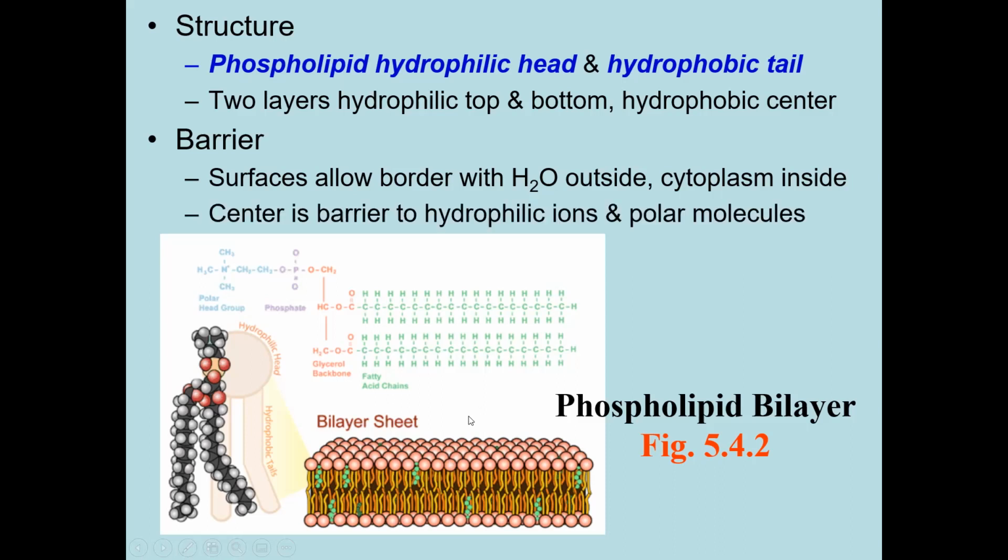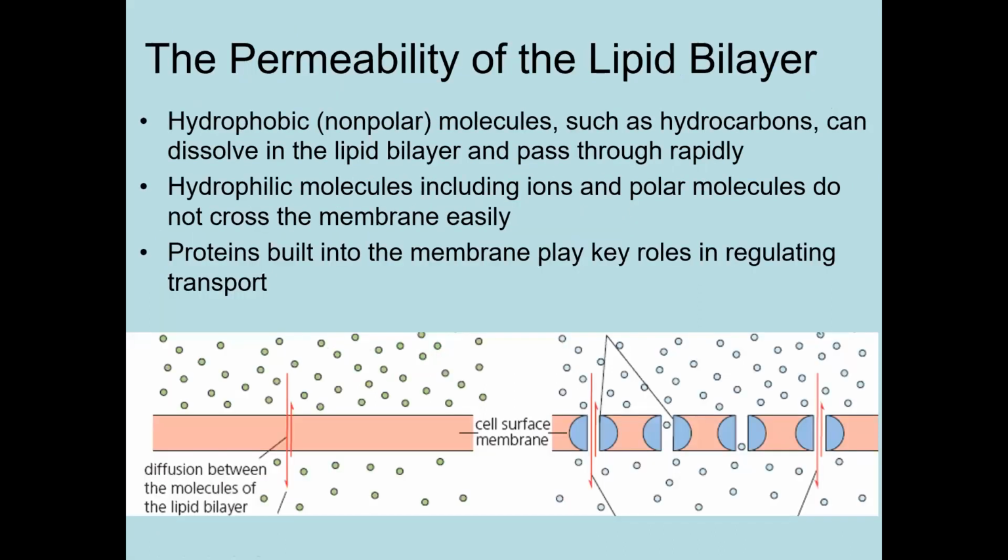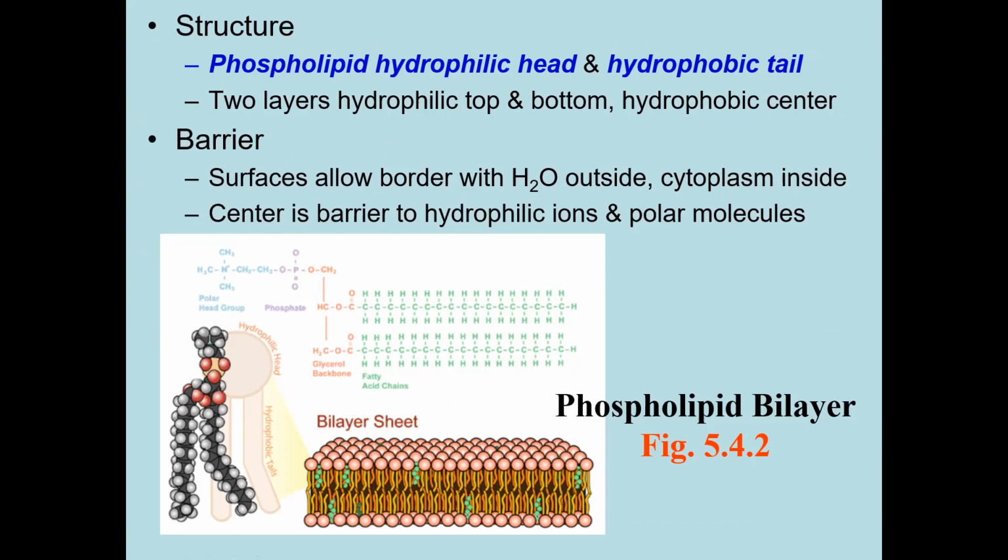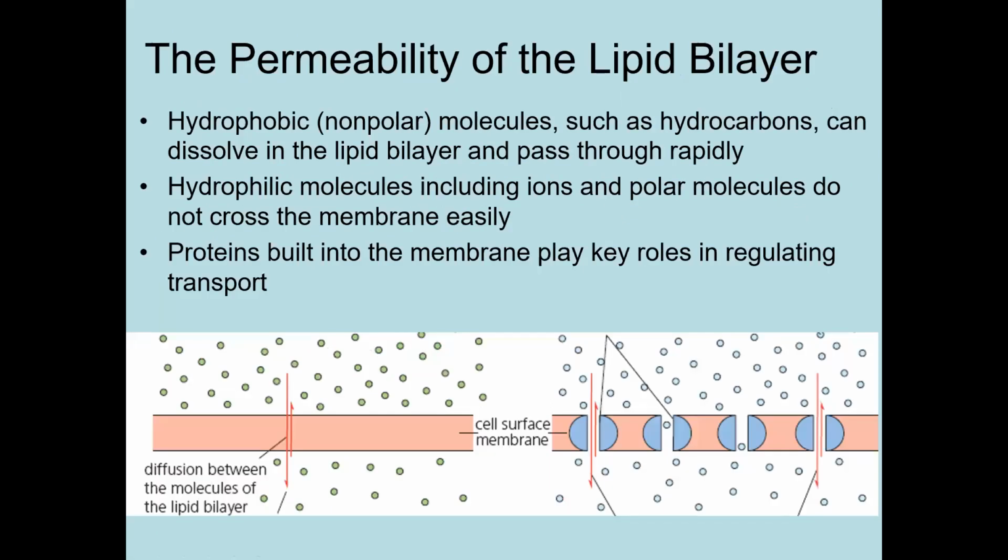And again, as we mentioned, that barrier is going to block many of our hydrophilic ions, also those polar molecules, charged ions, large macromolecules, and it's going to permit instead just those non-polar molecules, those hydrophobic molecules, pretty much water, anything like that.